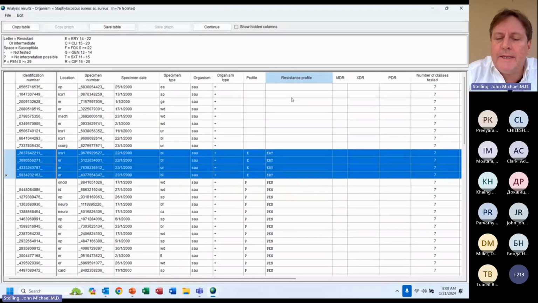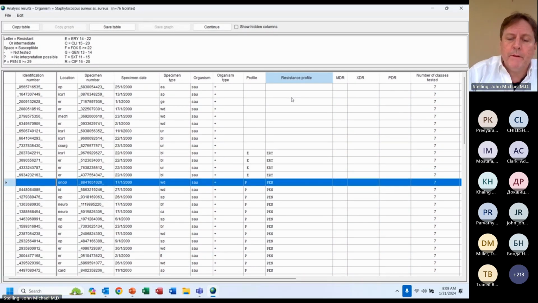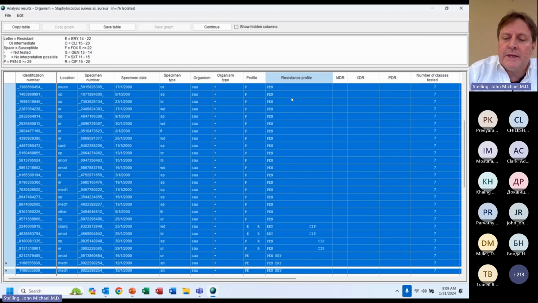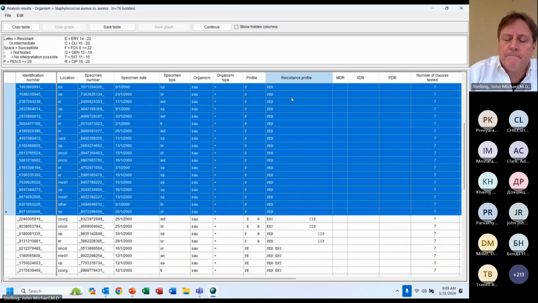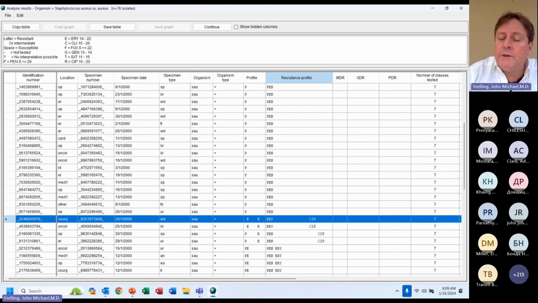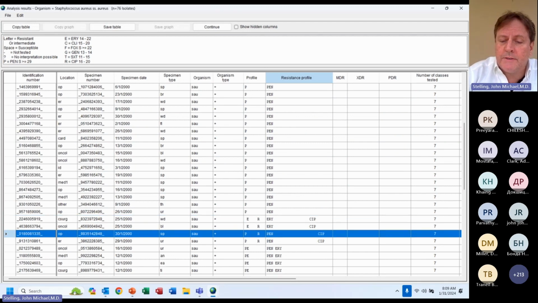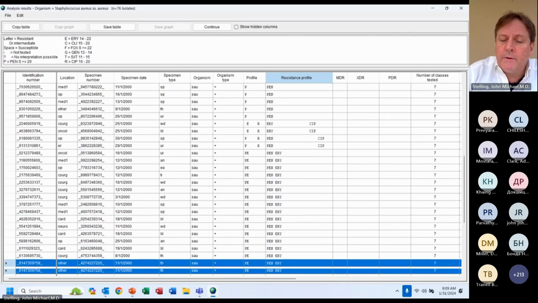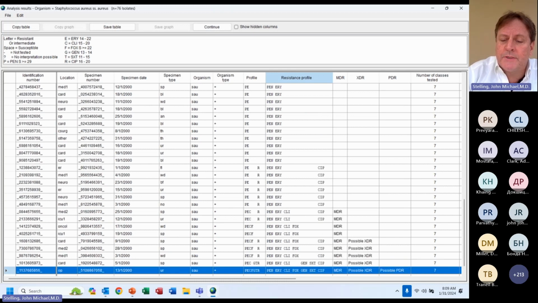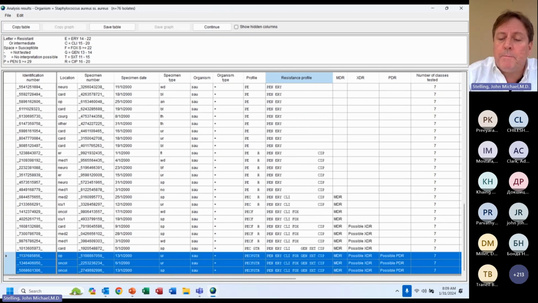Here we have 4 isolates that are resistant to one drug, erythromycin. Here we have many isolates that are resistant to penicillin. Here we have 2 isolates resistant to 2 drugs. We see isolates resistant to 3 drugs, resistant to 4 drugs. Here at the bottom, we see Staphylococcus aureus resistant to 7 antibiotics.